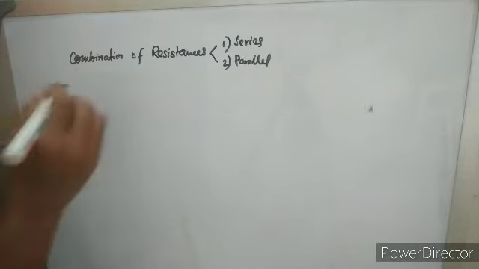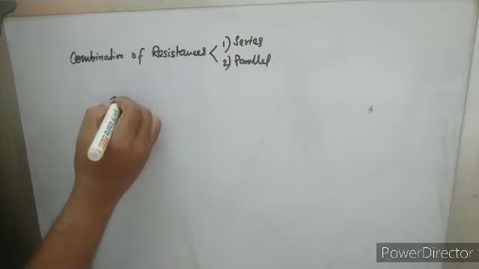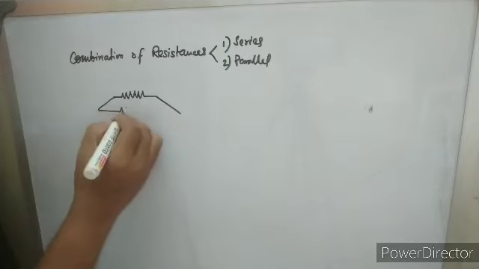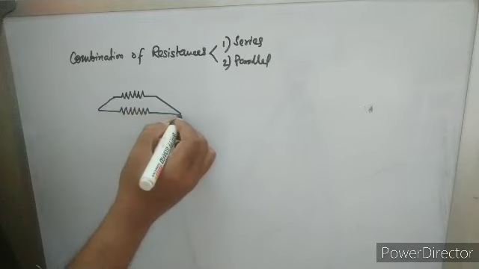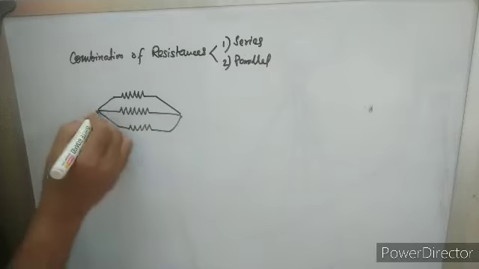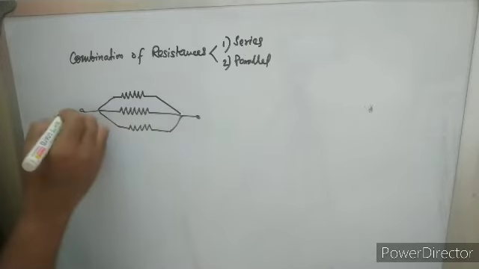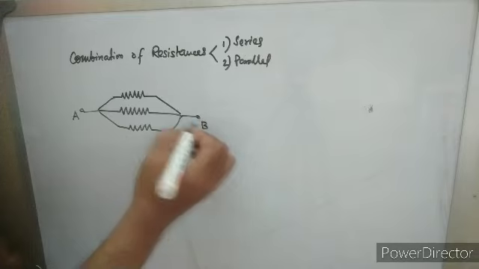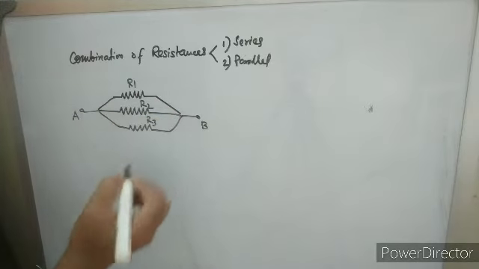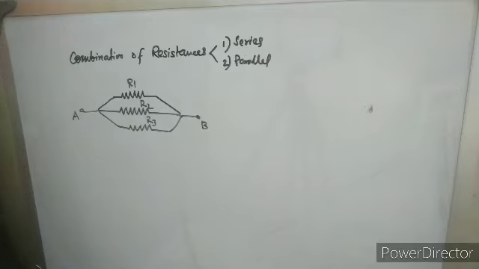In parallel combination, three resistances are connected in parallel. They are parallelly connected.